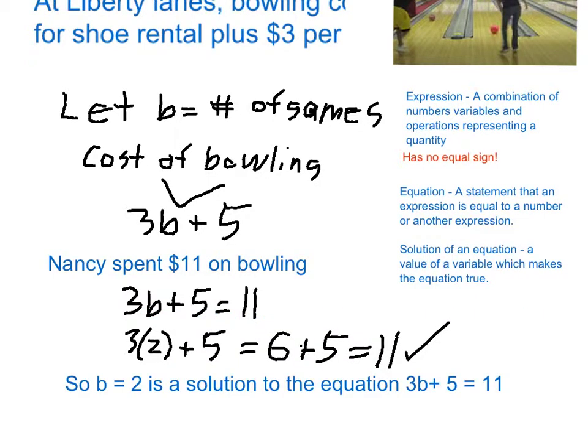So now we can conclude that b equals 2, so this value of 2 is a solution to our equation 3b plus 5 equals 11. Thank you.